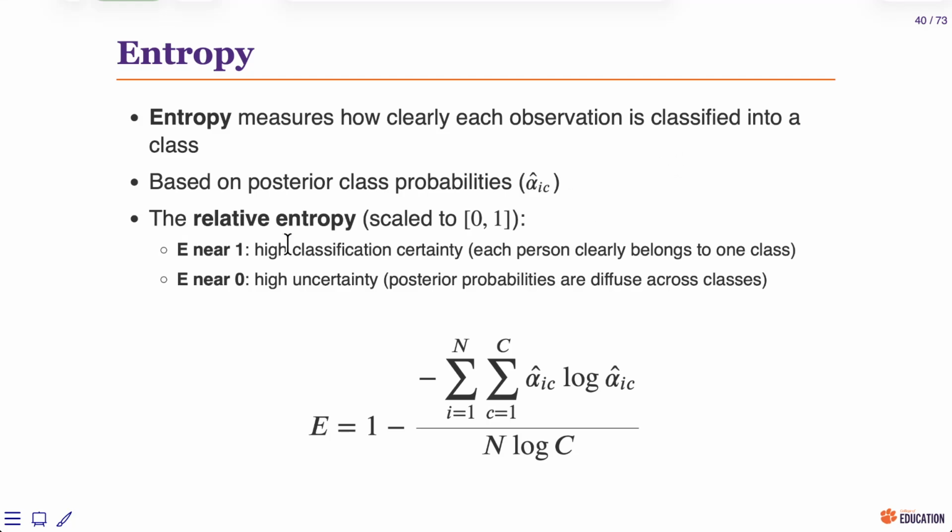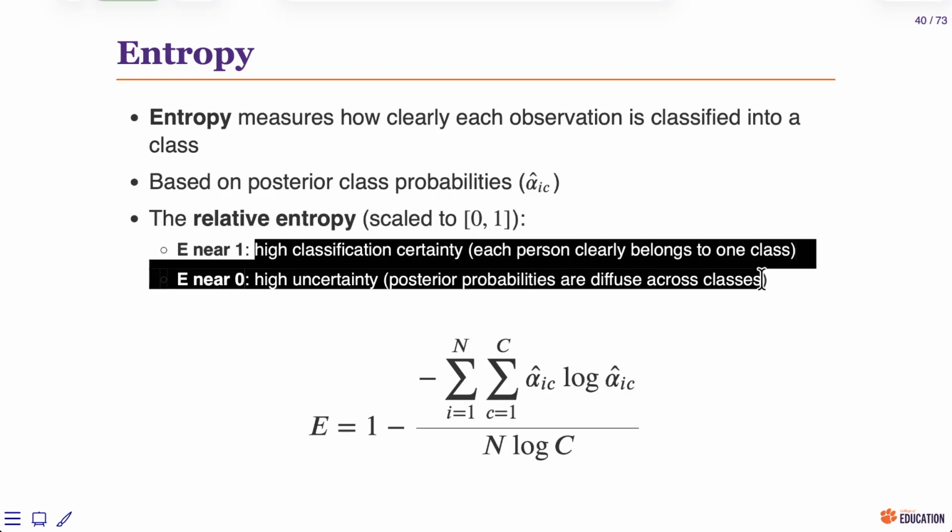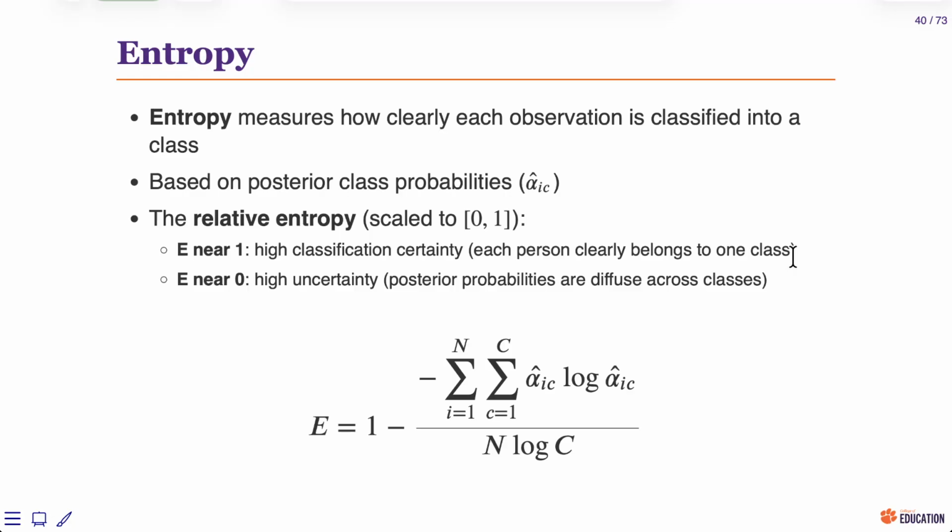And basically the idea is this. Entropy is interesting because the word entropy, in a physical sense, means smaller values of entropy mean less chaos in the system. Mplus and other researchers have sort of turned this around to scale entropy between 0 and 1. They call it relative entropy, where really we want a value of entropy near 1, which really talks about high classification consistency, certainty, right?